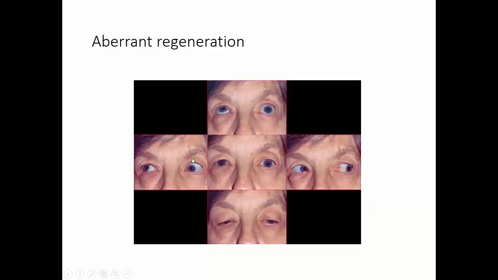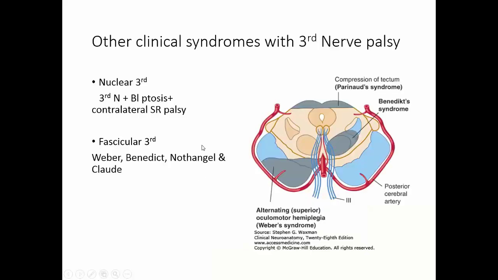So there is aberrant regeneration, a mixing up of wiring, and while the patient is trying to adduct, the lid elevates. This is the commonest type of aberrant regeneration. So always when the patient is moving, especially in a recovering third nerve or a gradual onset third nerve, if you see aberrant regeneration, you have to suspect a space occupying lesion.